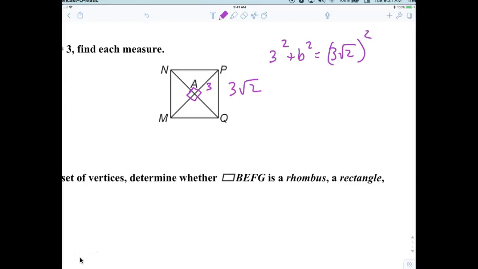Everybody hearing me? 3 squared is 9. Very good. So b squared is 9. So b is what? 3. So believe it or not, that's 3. So that makes that 3, which makes that 3.